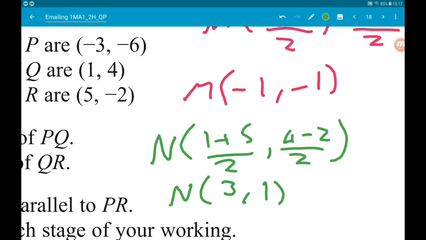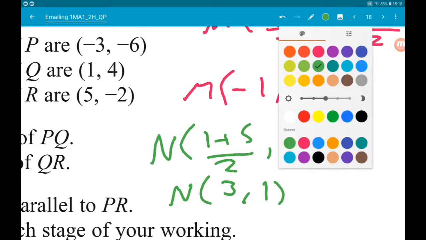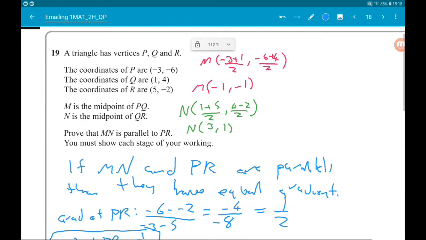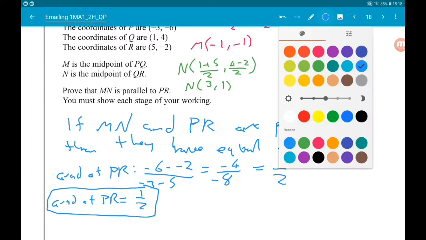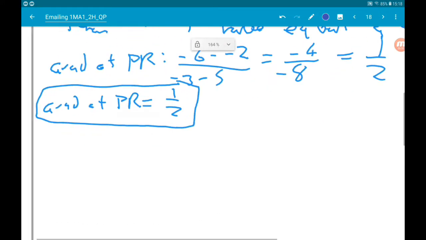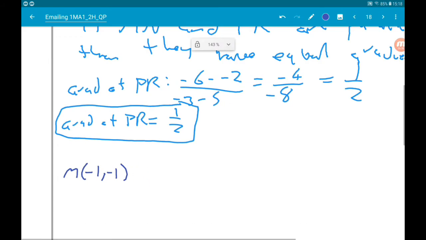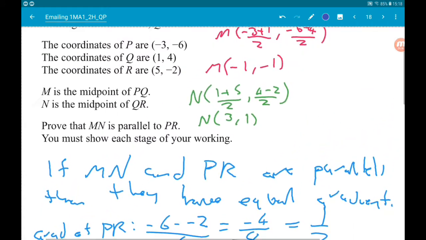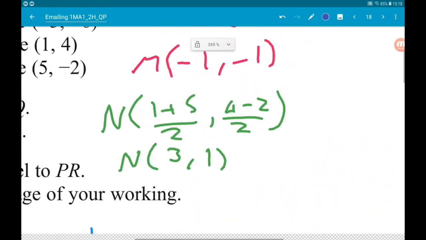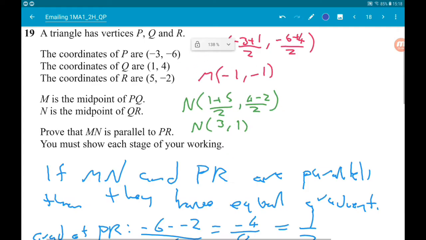So now we can find the gradient of those. So M is -1, -1, and N is 3, 1.